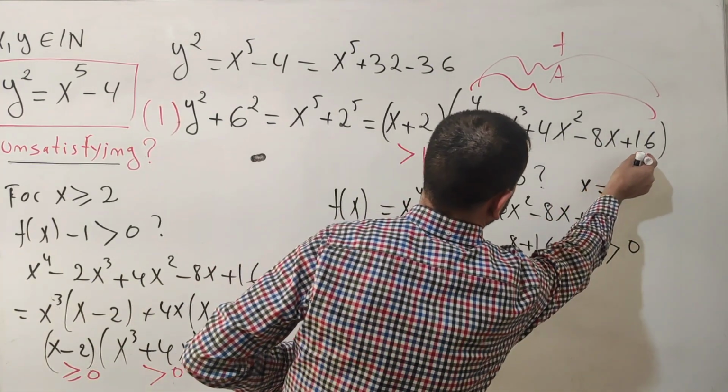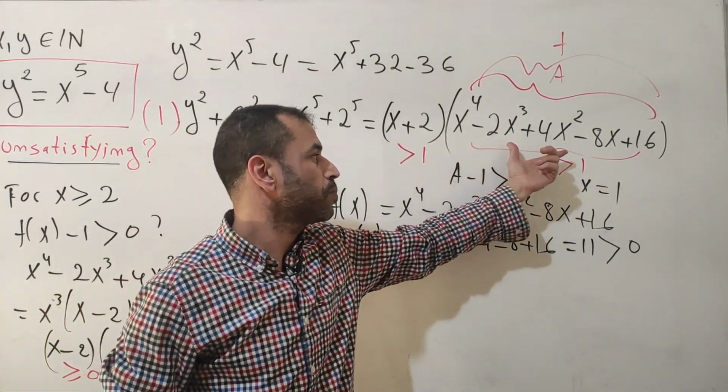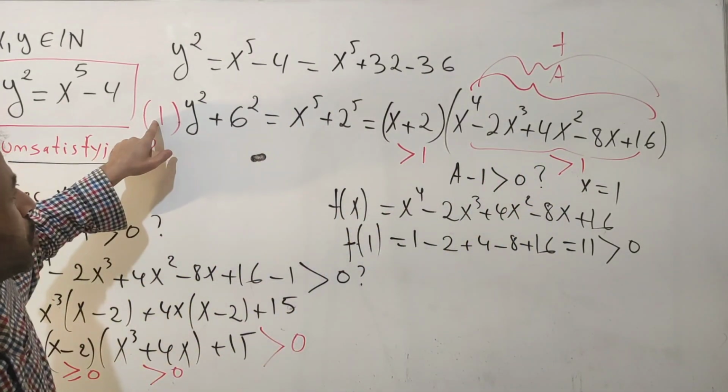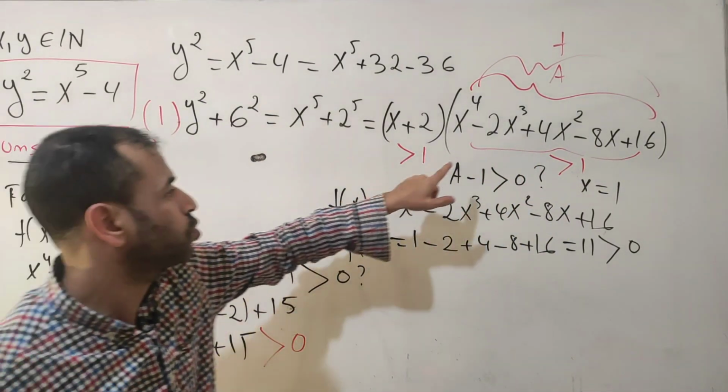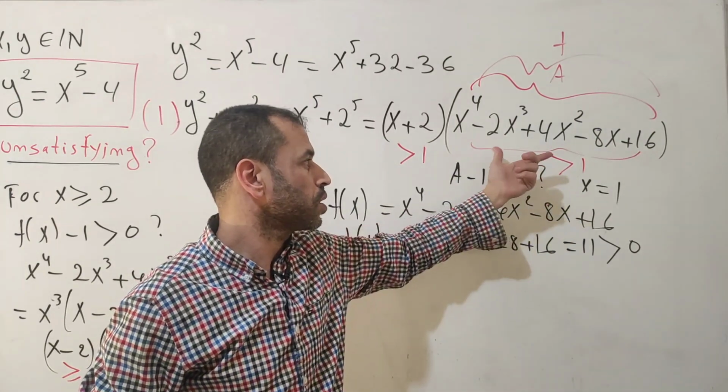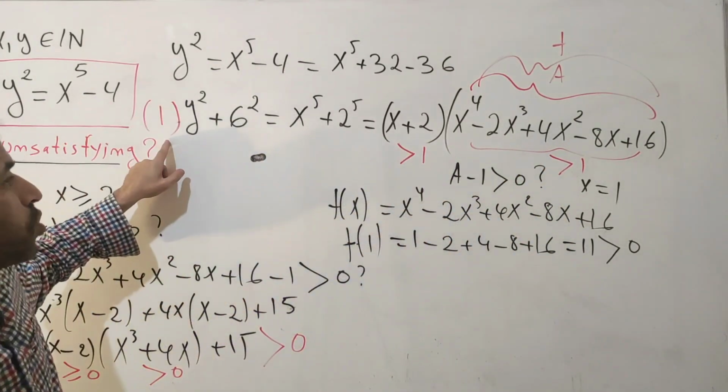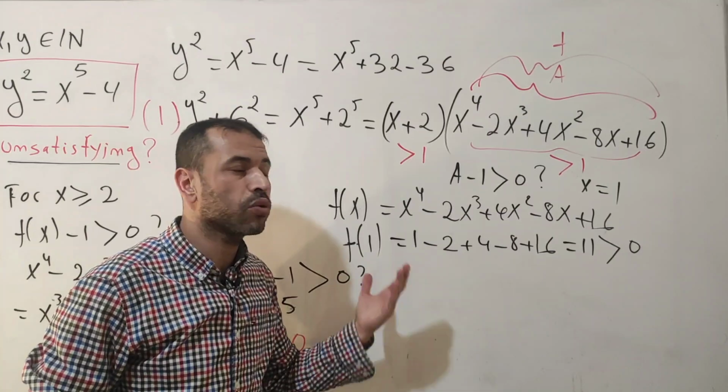Now we have shown that this is supposed to take the value 1 because the other factor was multiplied by 1, but it doesn't. That is a contradiction, which means we have no solution for this equation.